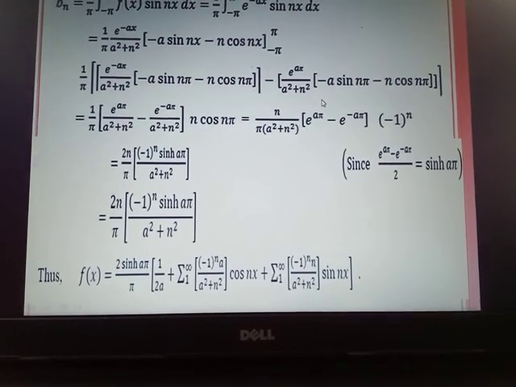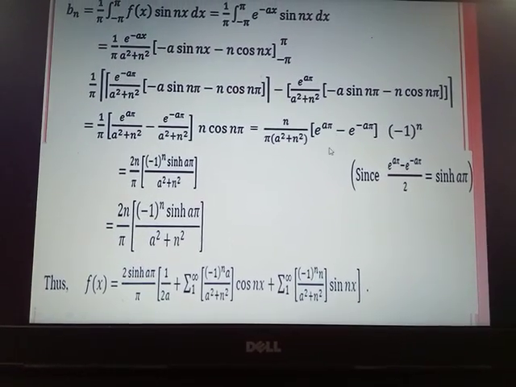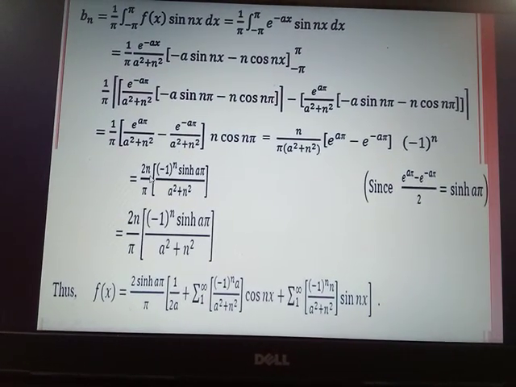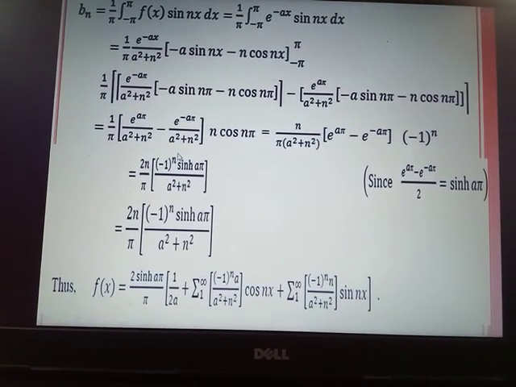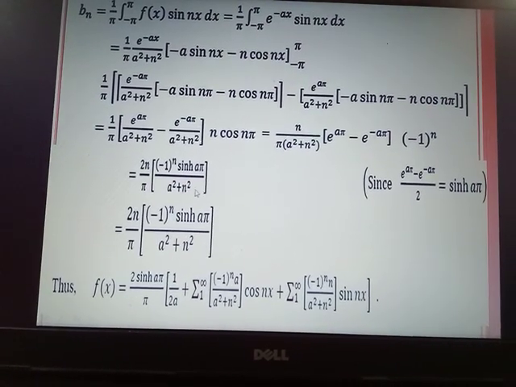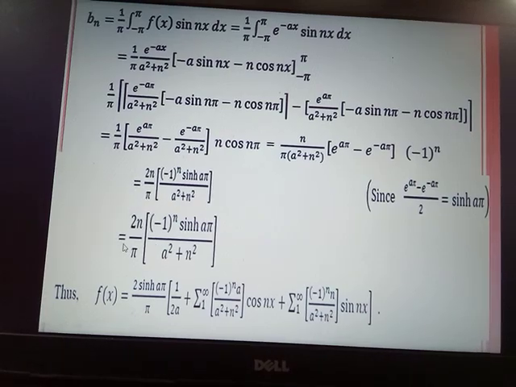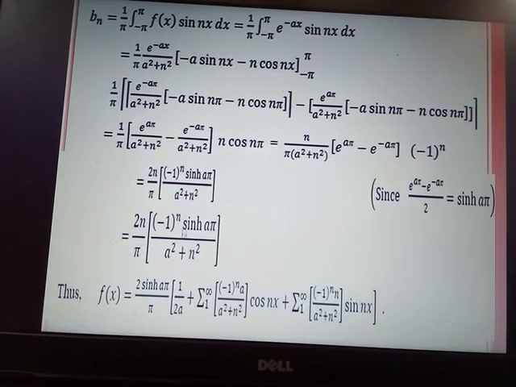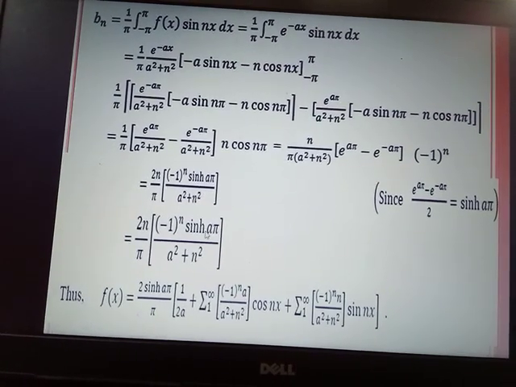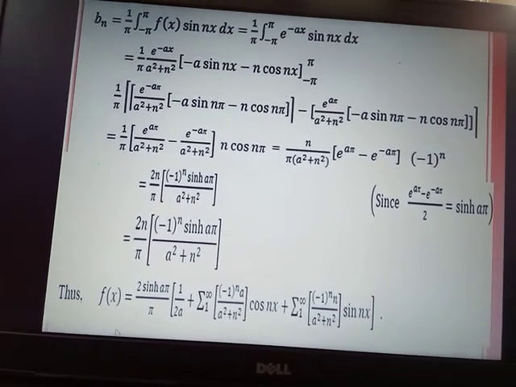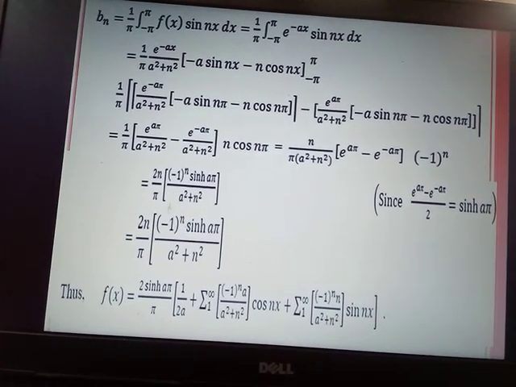To use this result, multiply and divide by 2 to this one, we get bn is equal to 2n by pi into minus 1 raised to n sinh a pi divided by a square plus n square. Now this is equation B.